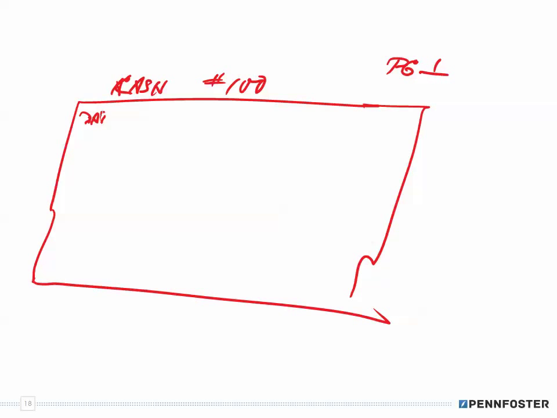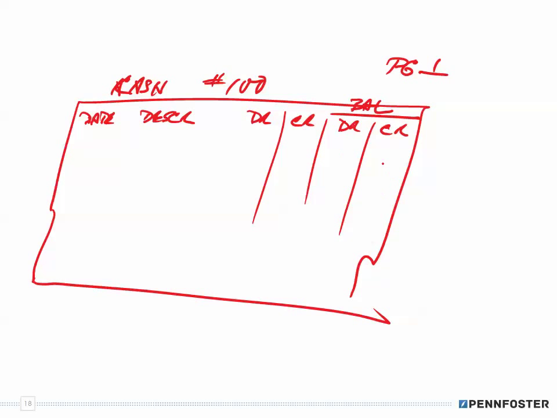I would have a date column, and then a description column, and then a debit column, a credit column, and most likely a balance column, which underneath would also have a debit and a credit. So notice that I have like 4 different columns here, in order to put my information. So that's what my ledger would look like.